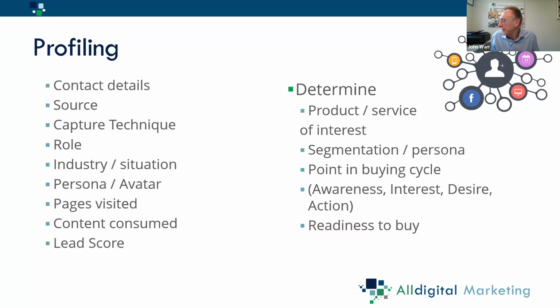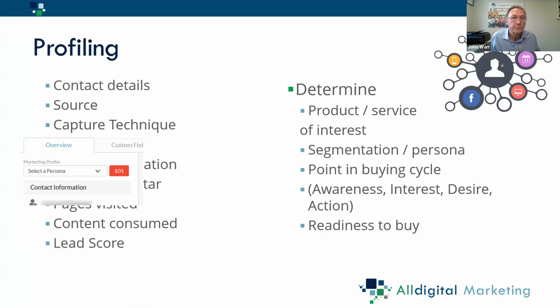What's your source? What's your capture technique, role, industry, etc. But what you also want to do is start thinking, from their profile, can you determine what is the product or service of interest to them? Do you know what kind of buyer they are? Do you know what point they are in the buying cycle? And how ready are they to buy? You want to start capturing this information as well.